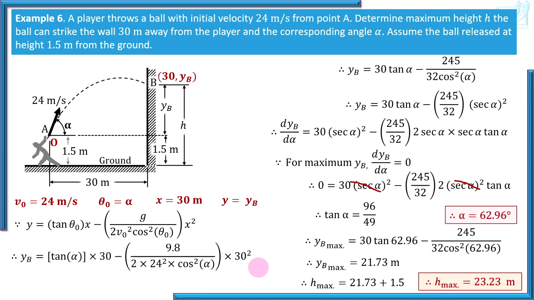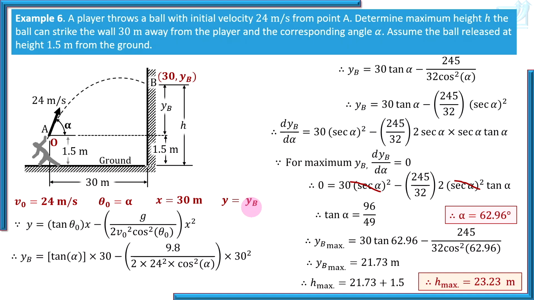In this lecture, we have solved problems using the equation of path, when the given information and what you are asked are amongst these four variables: v0, theta 0, x and y. In that case, we use the equation of path. Remember the procedure of analysis. Don't solve any problem using the trial and error method.